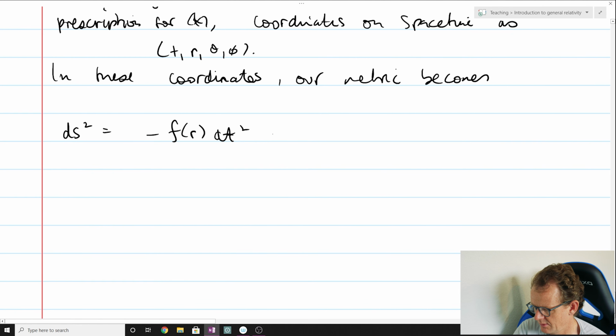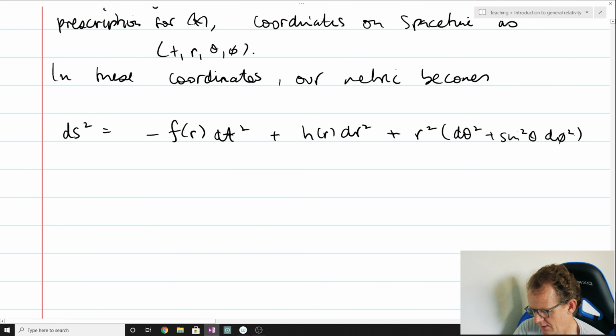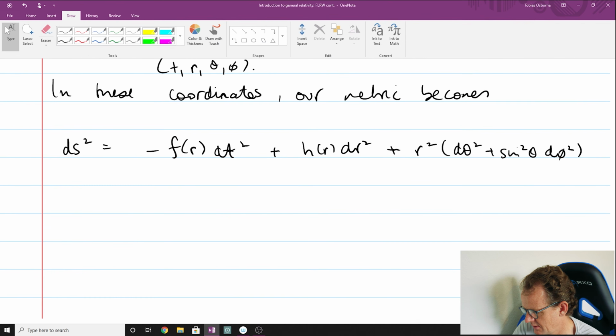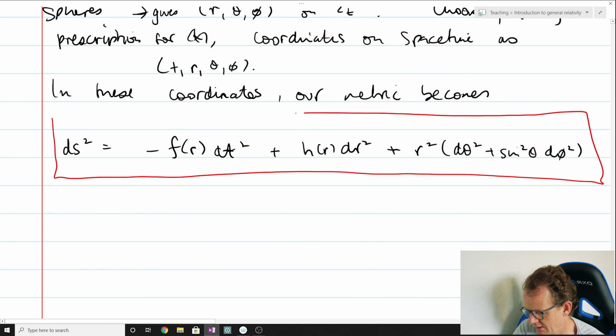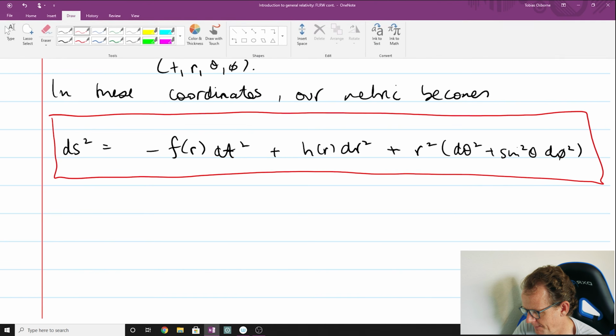There's the temporal component, which depends on the radius. And here comes the spatial component, which has now been highly constrained due to rotation invariance to be effectively just the metric of the standard sphere. And that concludes our discussion of static spherically symmetric spacetimes.